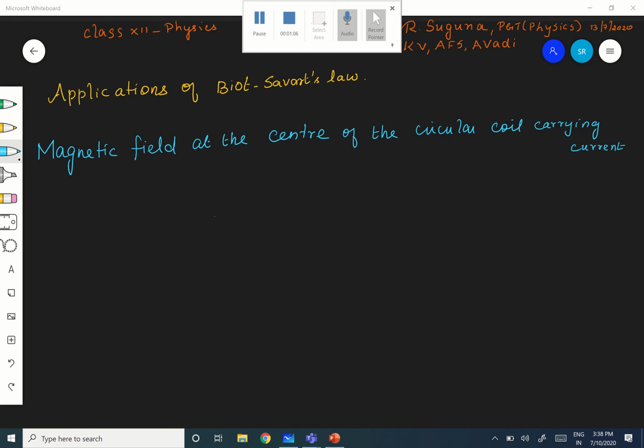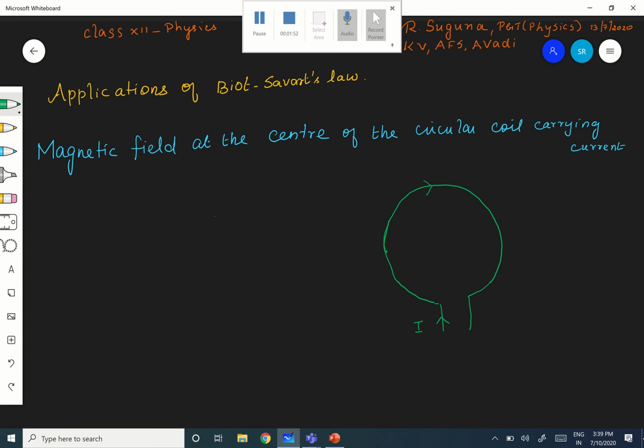Now let us consider a circular coil of radius R. This is the circular coil, and the current flows through it in this direction, that is clockwise.